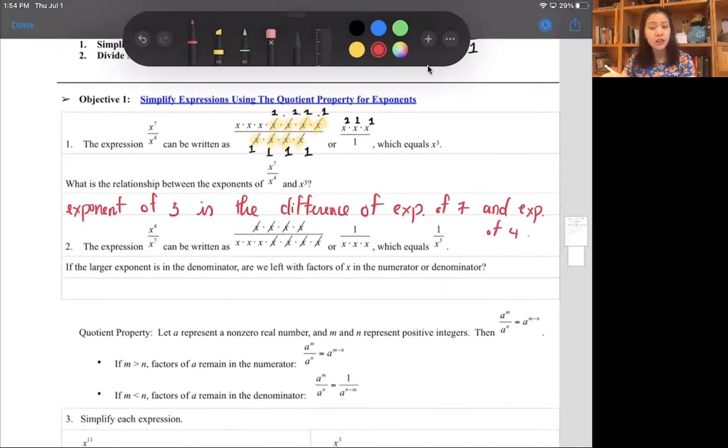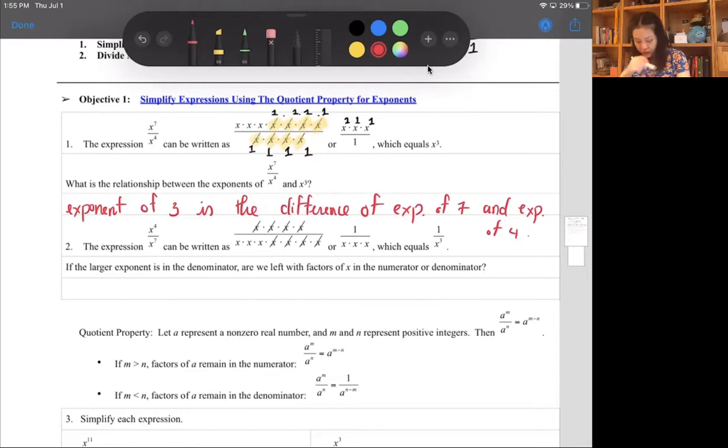Same thing if I flip the quotient. Now I have x to the 4 divided by x to the 7. Notice that the degree of the denominator is now larger than the degree of the numerator. Again, same argument: you can write out x 4 times on the top, and x 7 times on the bottom. Simplify, and I have 1 over x times x times x, which equals 1 over x cubed.